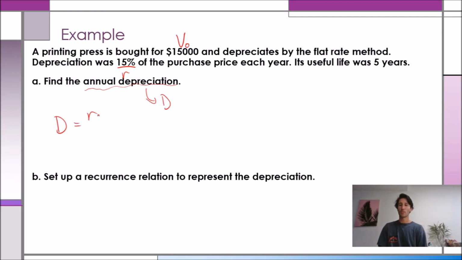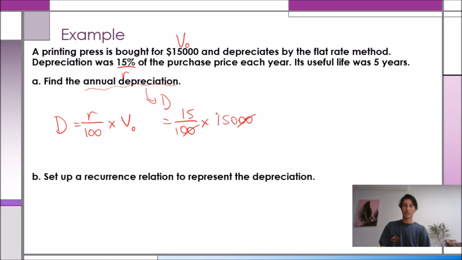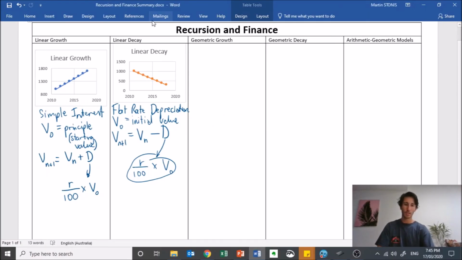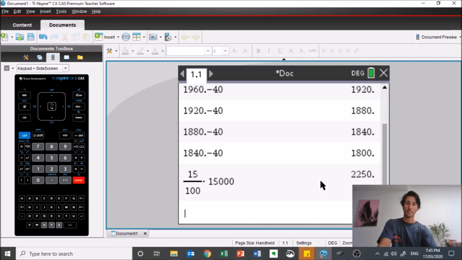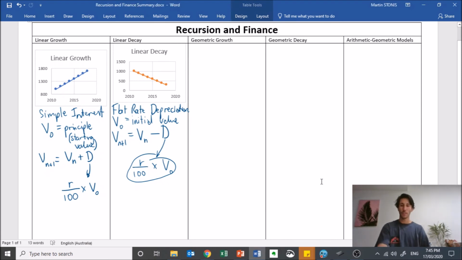We know D is equal to R over 100 times V0, which in this case is 15 over 100 times 15,000. Now, if you're not sure what I'm doing here, don't worry. I was going to try to do that in my head, but I'll use a calculator. 15 divided by 100 times 15,000. 2250.